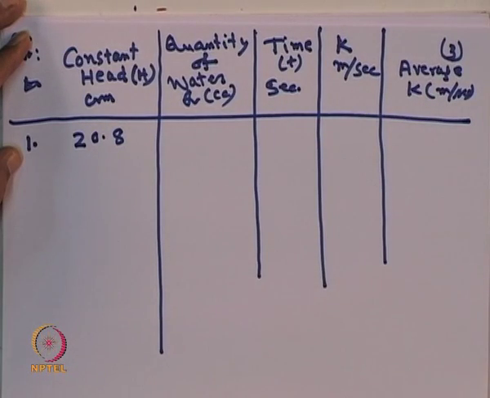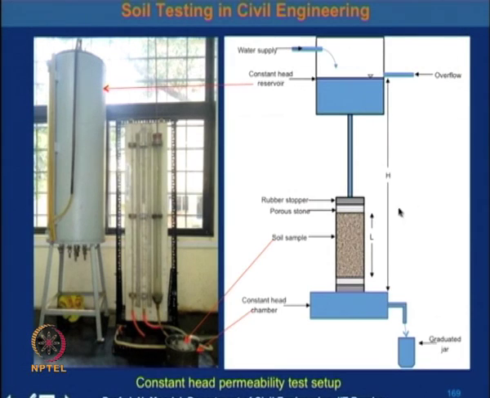The water which passed through the soil sample, you collect in this jar at a particular time, and from this jar you will know how much quantity of water you are collecting.